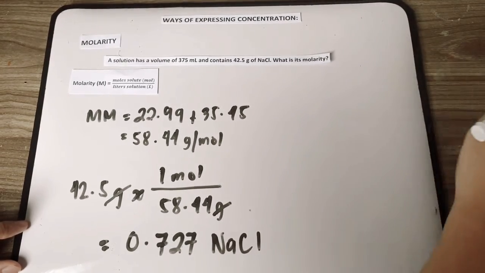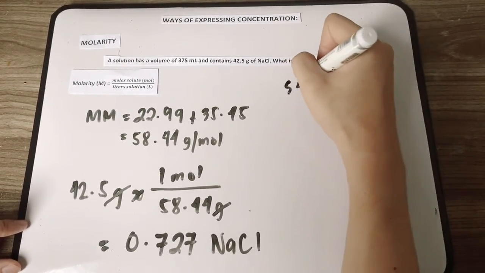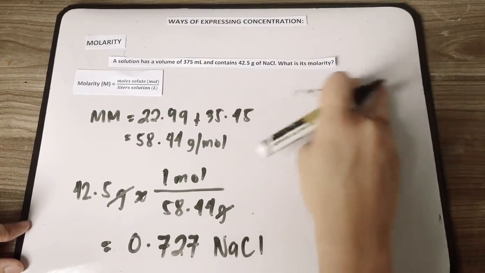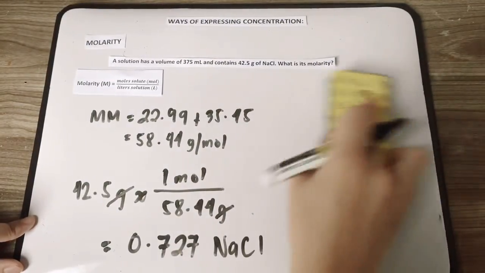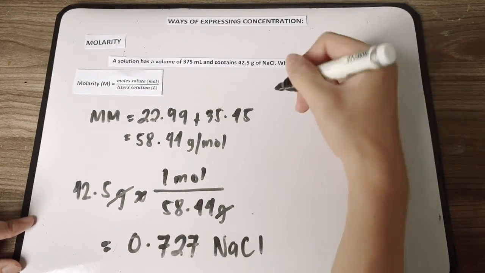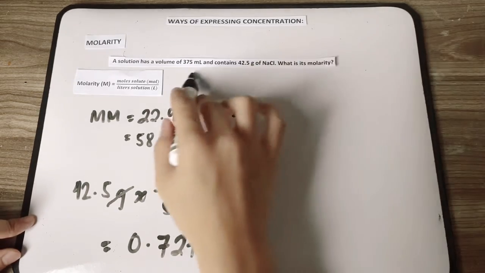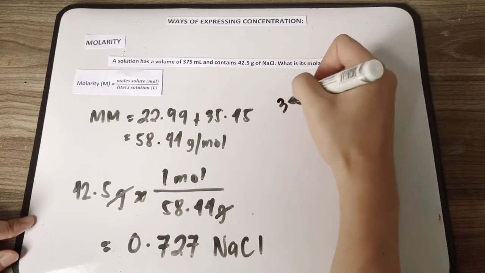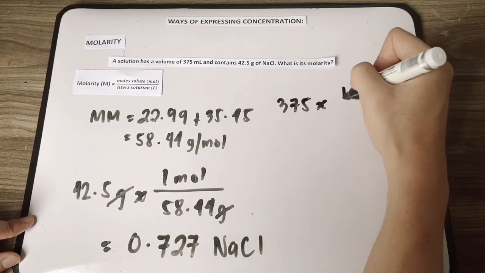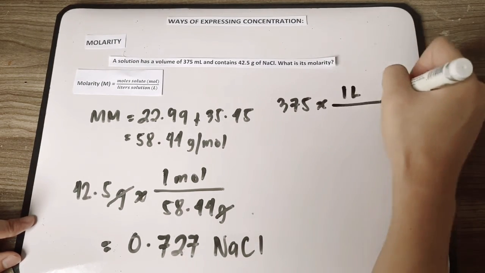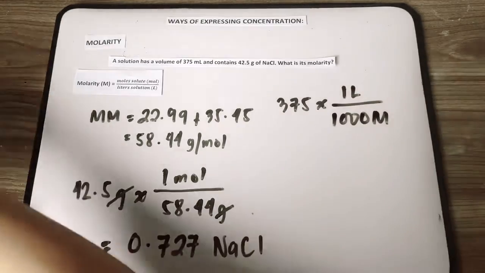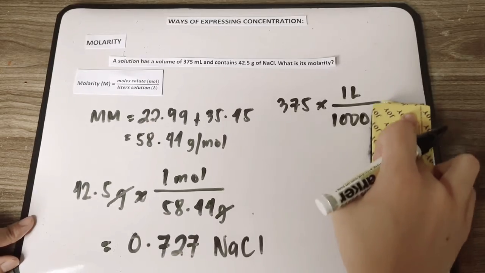And now that we have our solute in the form of moles, we're now going to convert our solution into liters. So 375 times 1 liter over 1000 milliliters.